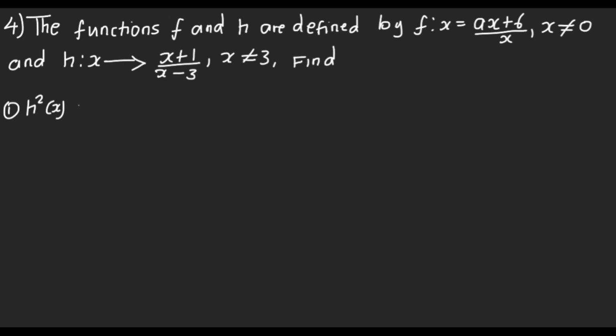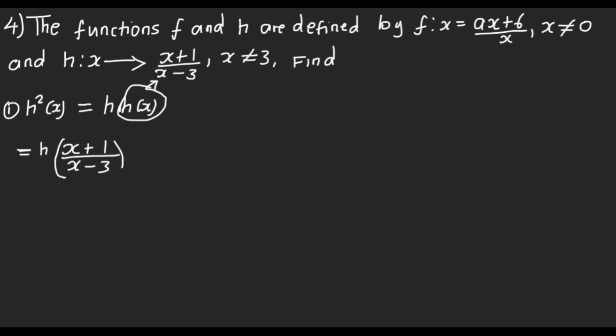So this expression is the same as h of h of x. So we are simply finding the composite function. Right. Now, how can we proceed with this? Where there is h, this part, I'm going to write the first function, which is x plus 1 divided by x minus 3.